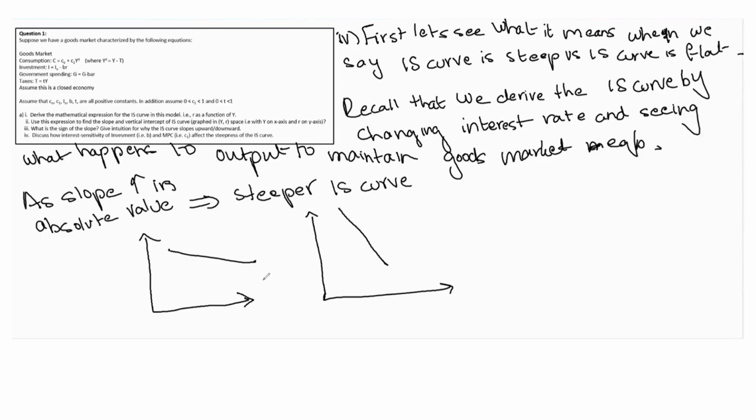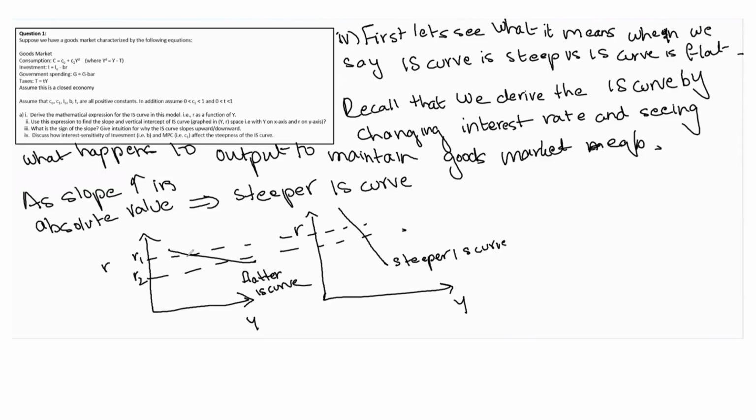Now let's try to understand the difference between them. If you label the axes, this is r, this is Y. Say we start with an interest rate R1 in both cases, and in both cases, we reduce the interest rate to R2.